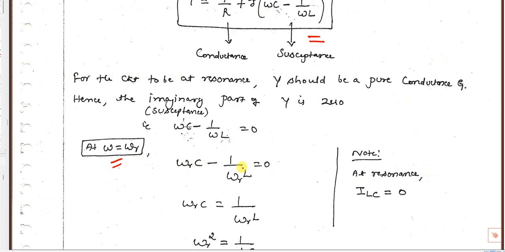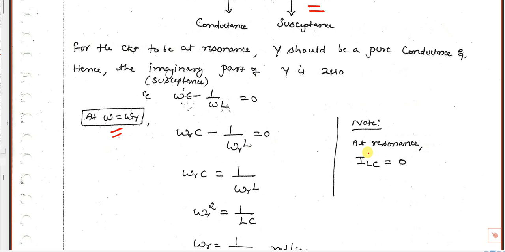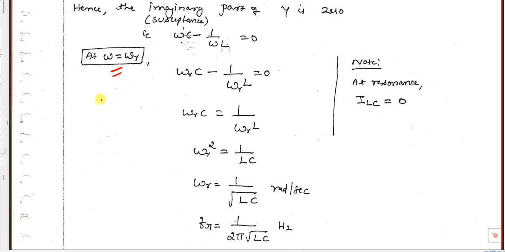So omega r C minus 1 by omega r L is equal to 0. Bringing omega r to the left side, omega r square is equal to 1 by LC, and omega r is equal to 1 over root of LC.